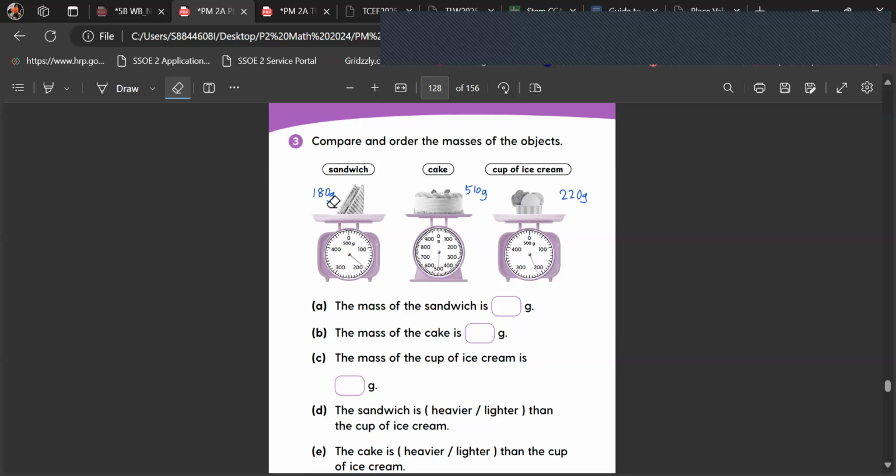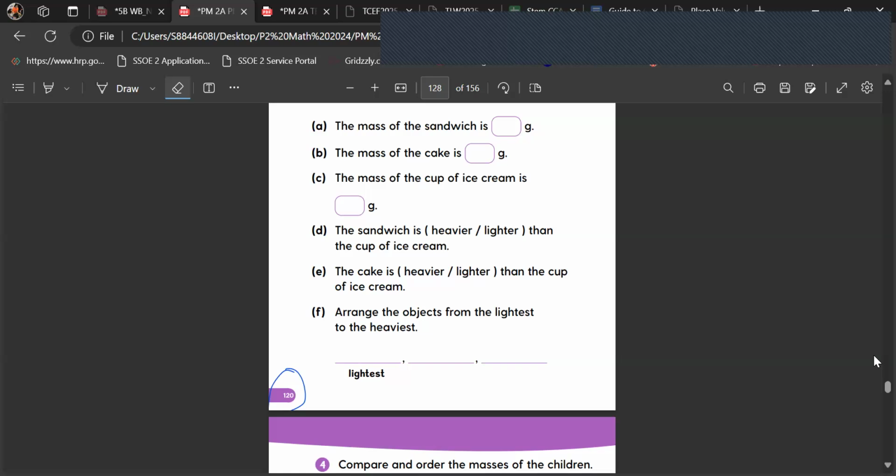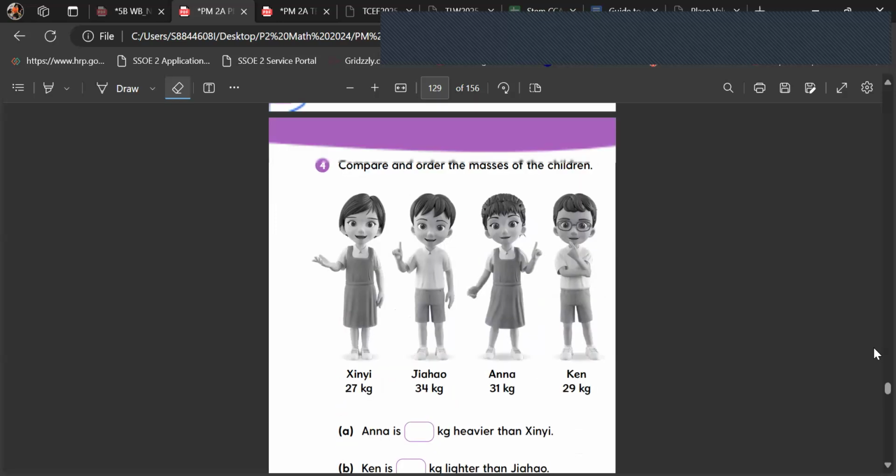Again, the first thing we do is to practice reading the measurements on the weighing scale. We wrote down the masses of the objects beside the items. Then this was homework, page 120. Okay, can you circle the pages now? Okay, now we are at the children page. So this is the part about the children.